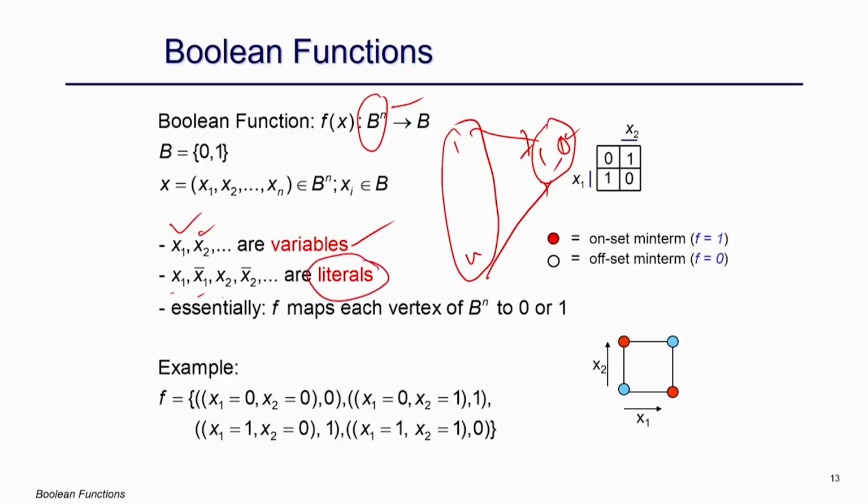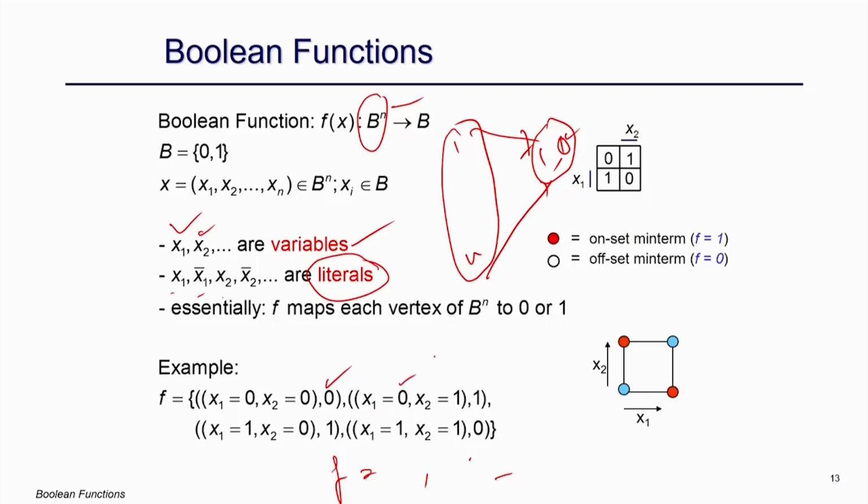For example, if I give an example for this f, what it is saying is that whenever x 1 bar and x 2 bar, then the output is 0.